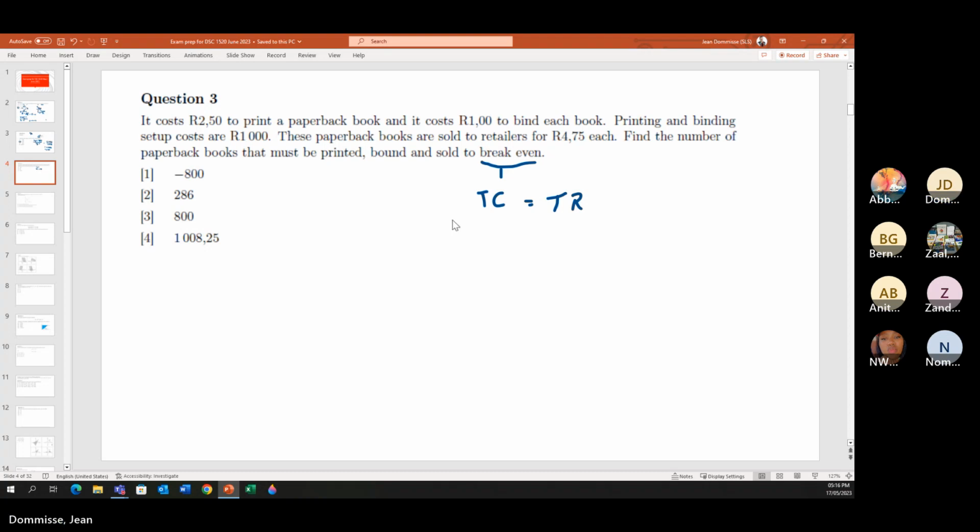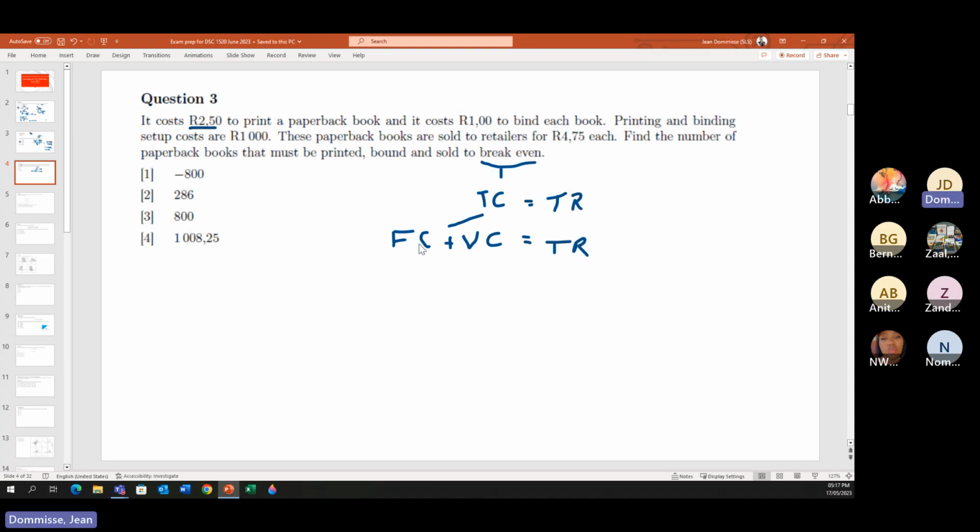So what is your total cost? So let's first see, total cost must be your fixed cost plus your variable cost is your total cost. And that is still equal to your total revenue.